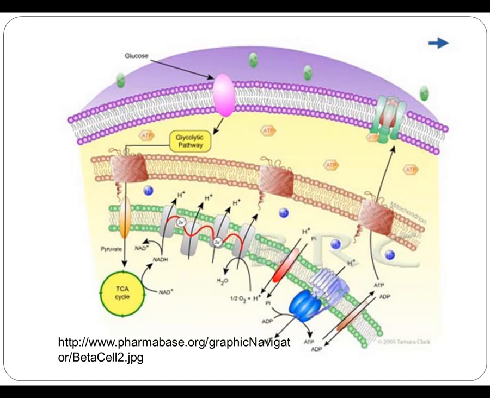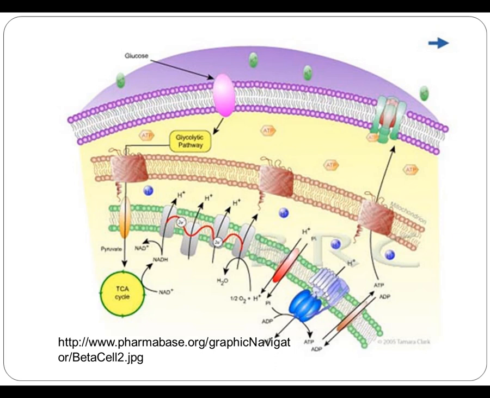This could be a cell in your dog's tail. Whatever. It's going to have a membrane, and if it needs glucose, it's going to have a glucose transporter. Okay, so it gets transported into the cytoplasm, where glycolysis occurs. So you see this little purple thing right here, that is the glucose transporter. Those reactions occur in the cytoplasm.